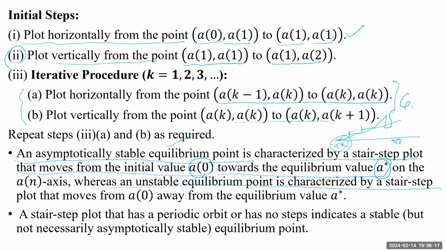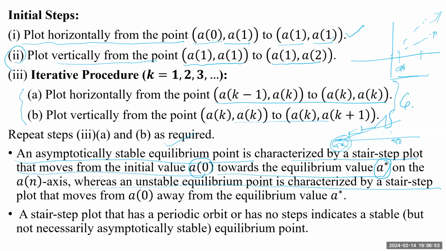For example, here is the equilibrium point, and your stair steps plot is moving away from it. Suppose I draw this is y equals x, and if you put this as your A naught, it will go away from your equilibrium point. In such a case, we call it unstable.